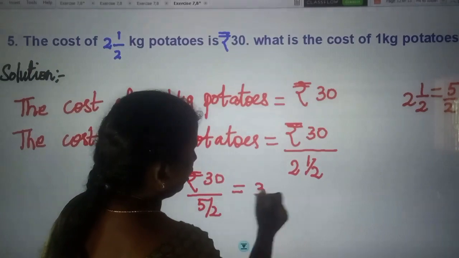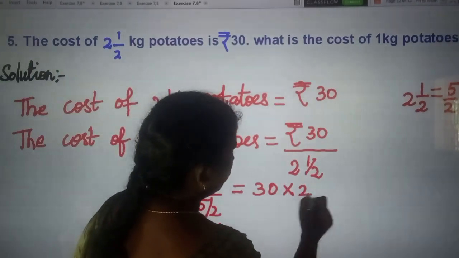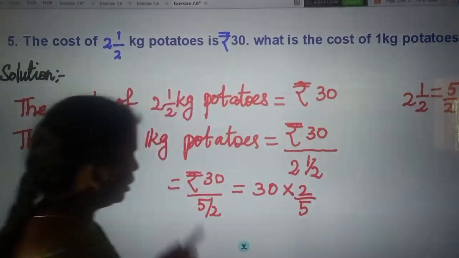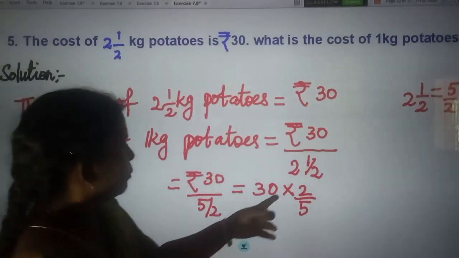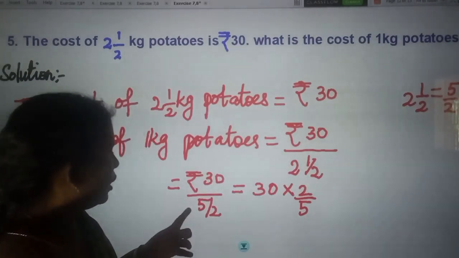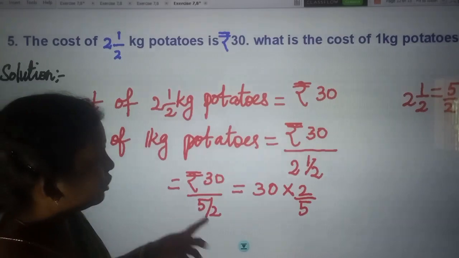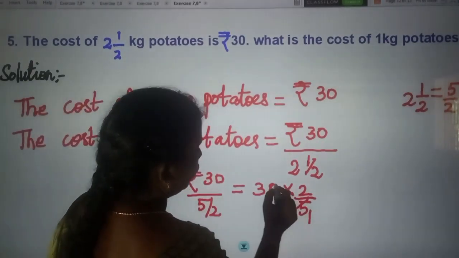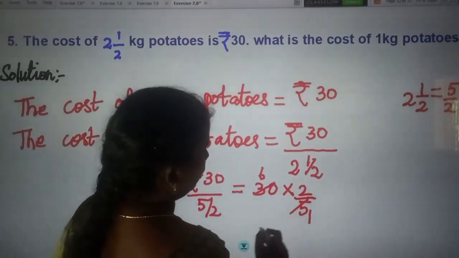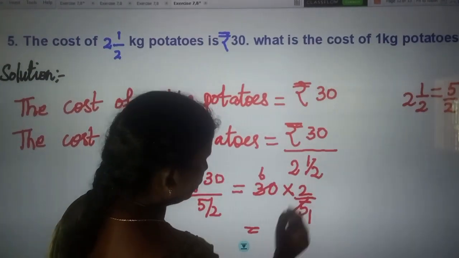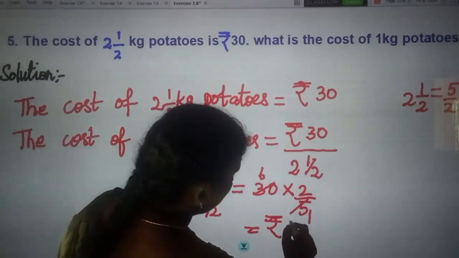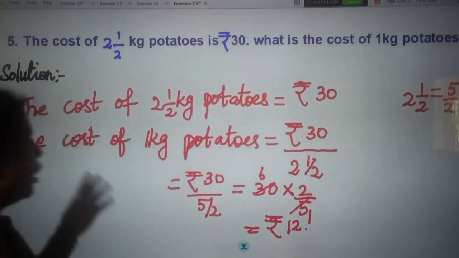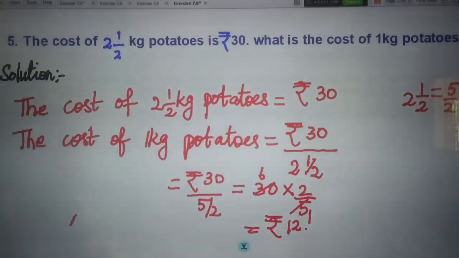So, this we are going to do 30 into 2 by 5. Division symbol changes to multiplication and the fraction changes to 2 by 5. Now we are going to cancel: 5 ones are 5, 5 sixes are 30, which is equal to 6 2s are 12. This is rupees 12. Therefore, the cost of 1 kg potatoes is rupees 12.